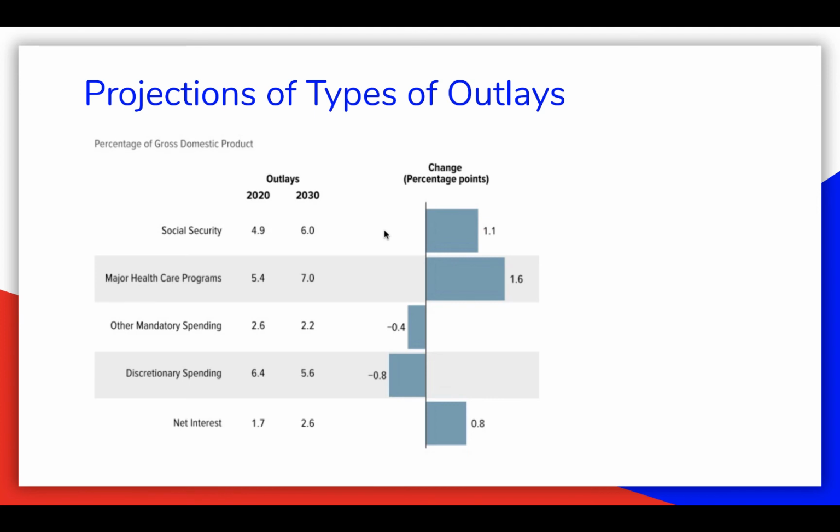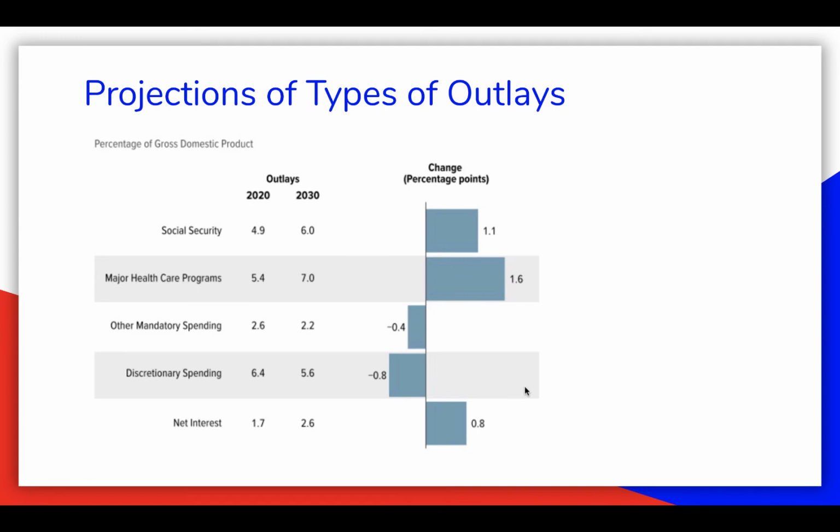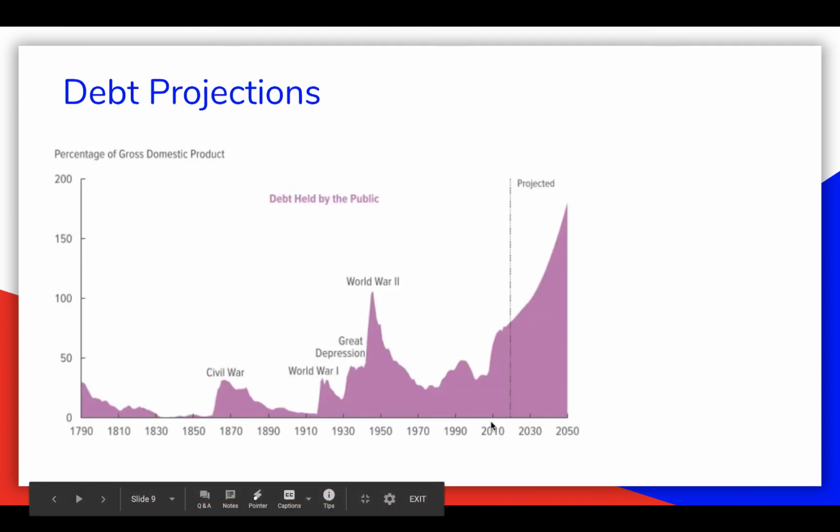The aging of the population and generally the rising healthcare costs will increase our outlays for this population over the next decade, as you can see with Social Security and healthcare programs. Moreover, our net interest costs down here are going to rise over the next decade as well as we accumulate more debt.